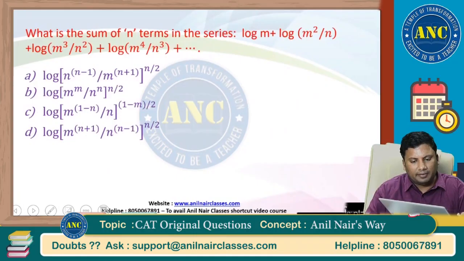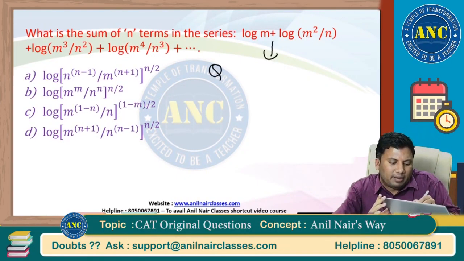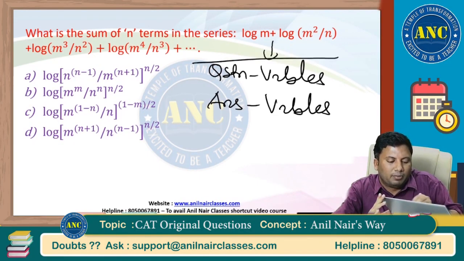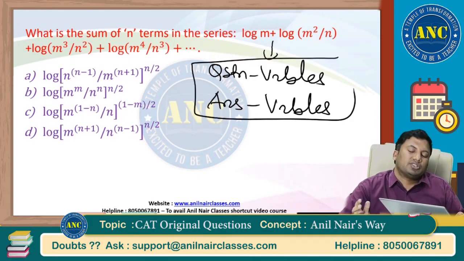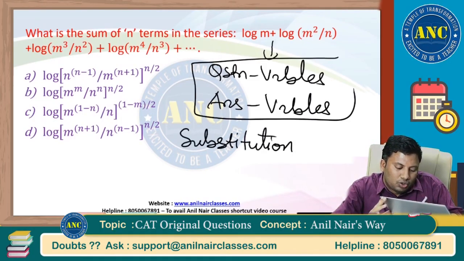Now we will see. Here, the question contains variables and the answer also contains variables. If the question and the answer contain variables, what can you do? You can use the substitution method.